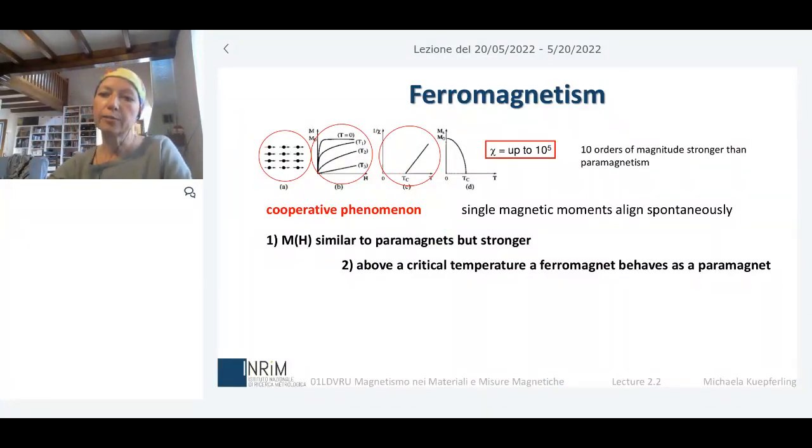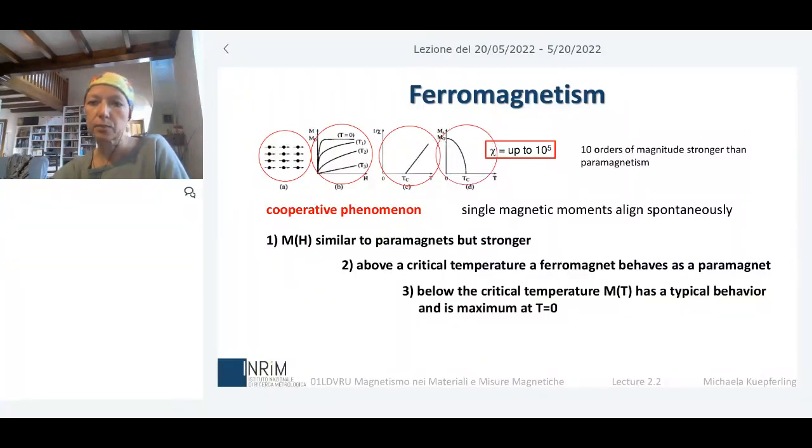So even a ferromagnet will behave like a paramagnet above a certain critical temperature, and we will calculate this critical temperature now. Below this critical temperature, M is a function of T and has a typical shape, as you can see here. And M becomes maximum at T equal to 0. So it reaches M_S only at zero temperature.